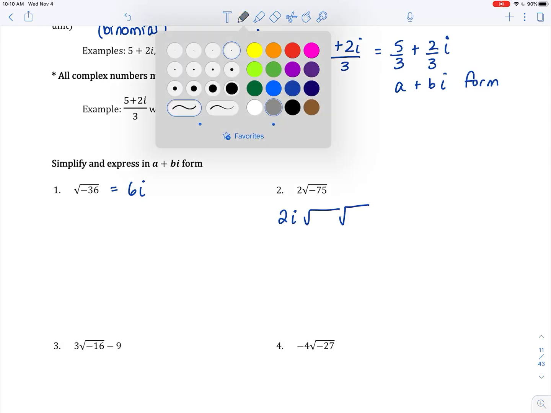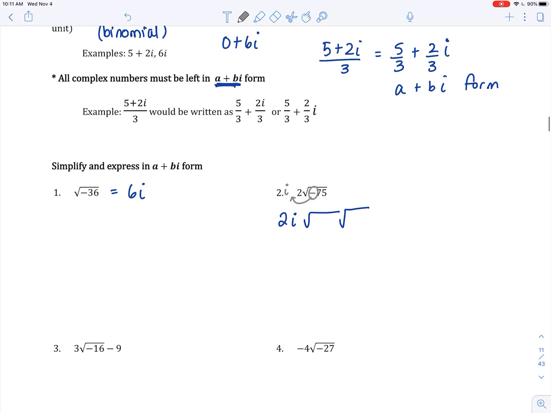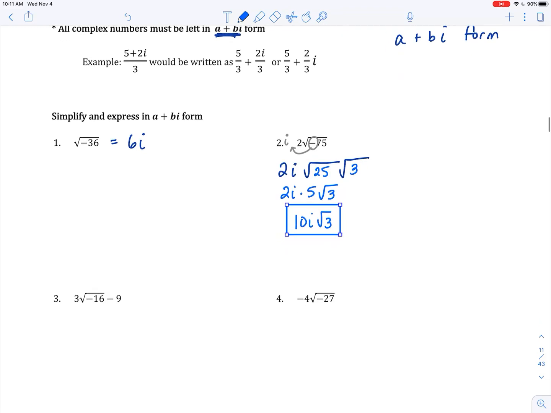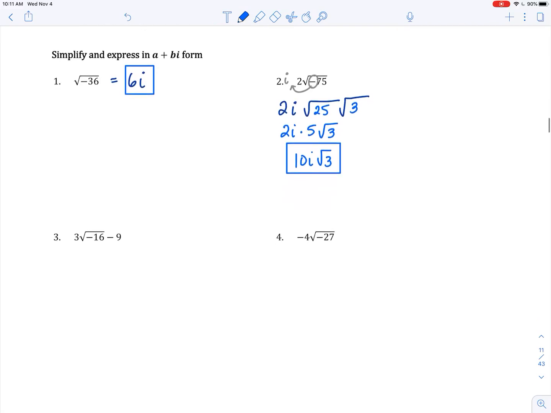So whenever you see that negative under the radical, you're basically going to bring out the letter i. So now I'm going to break down 75 to 25 and 3. The 25 becomes a 5, and then that gets multiplied by the 2i, so it's 10i times the square root of 3 would be your answer. So it's the same as simplifying radicals, you just have to put an i with your answer.